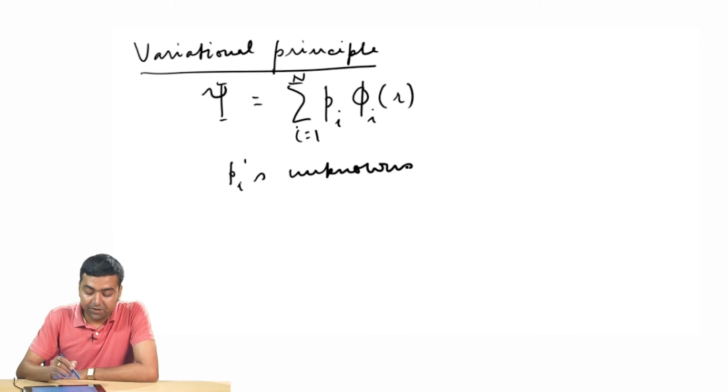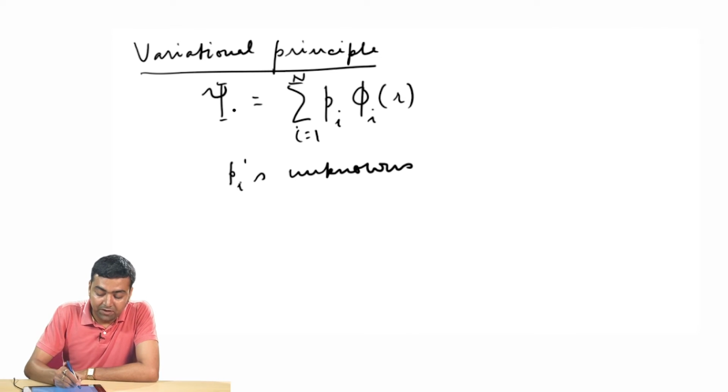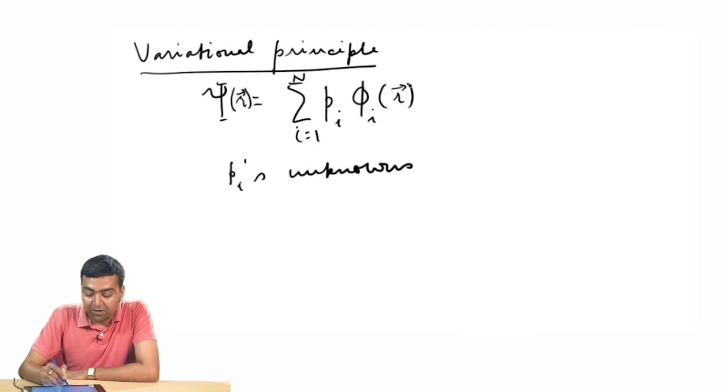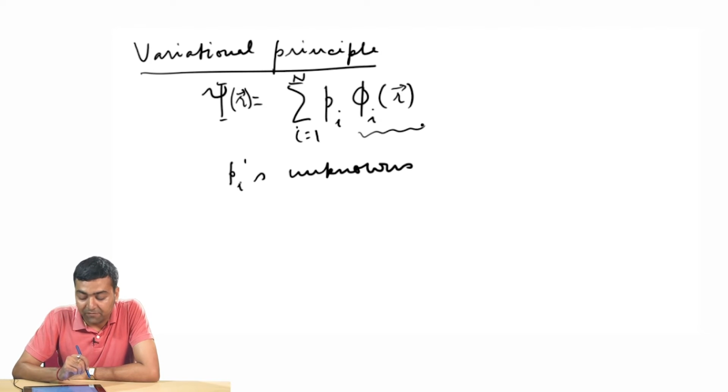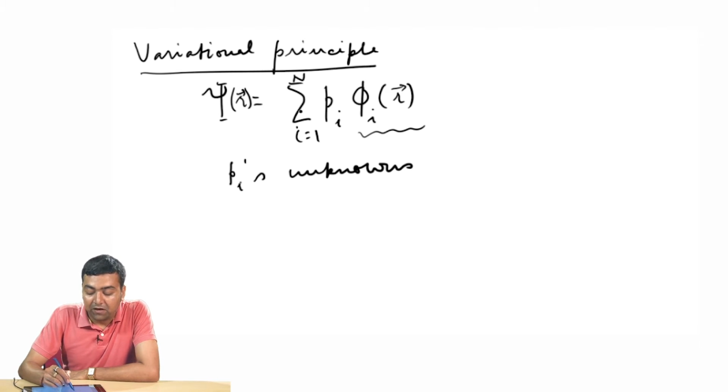So, I have this wave function psi, which is a function of R, and I expand it in a set of basis functions denoted by phi i, and p i are the coefficients.